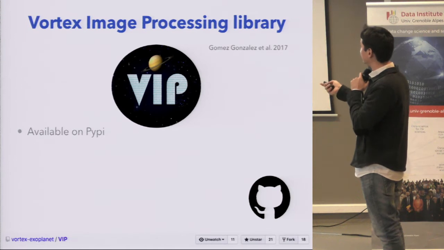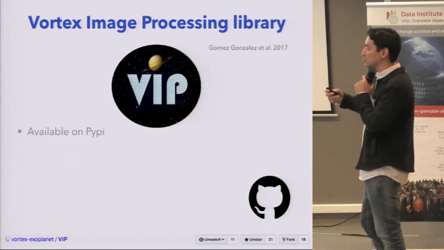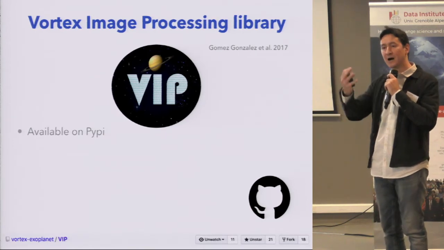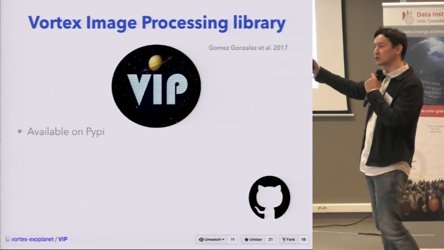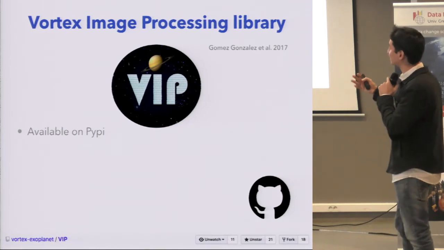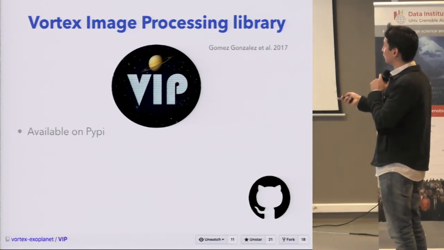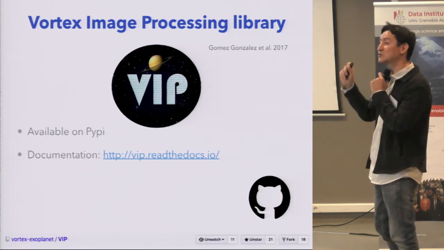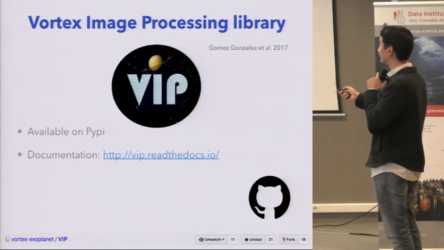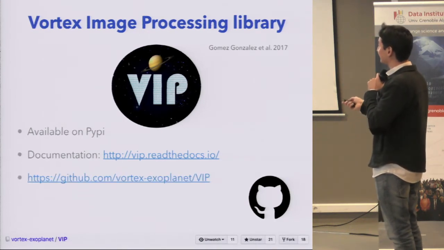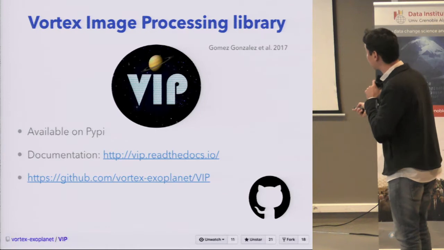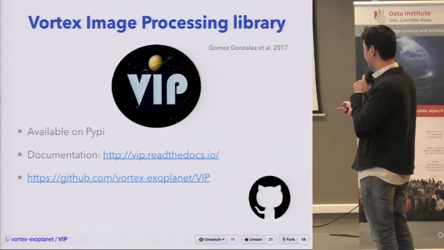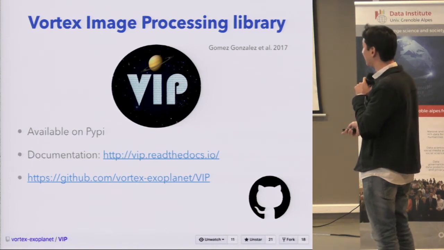It's called VIP, and I tried to mimic, to be inspired by what these renowned open source projects are doing. So, it's available on PyPI. It can be installed with just one simple command. It's documented. It uses version control systems, in this case Git, hosted on GitHub.